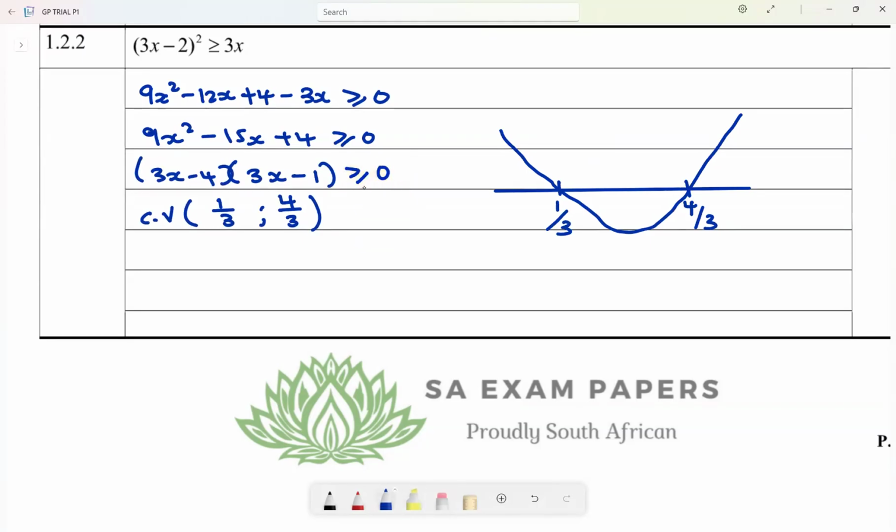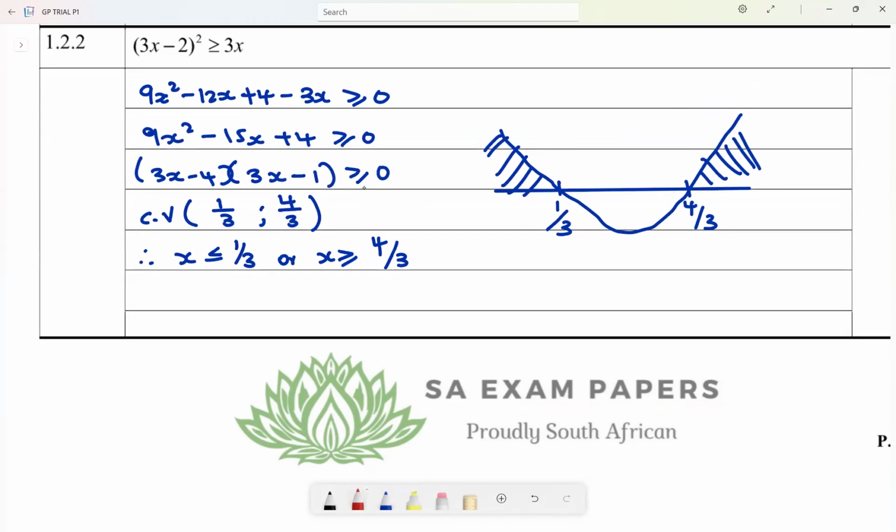Greater means above. Where is our function defined above this portion and that portion? So therefore our answer should be x less or equal to 1/3, or x greater or equal to 4/3.